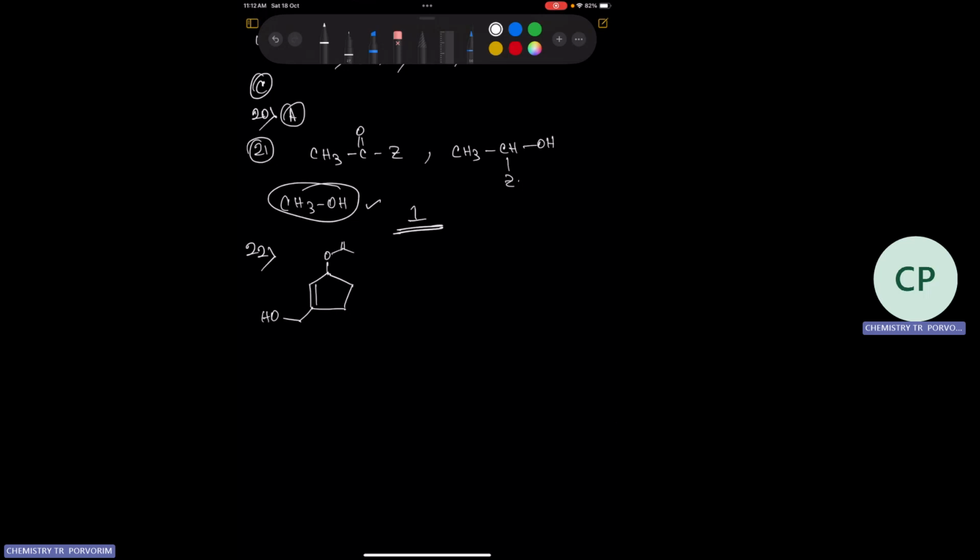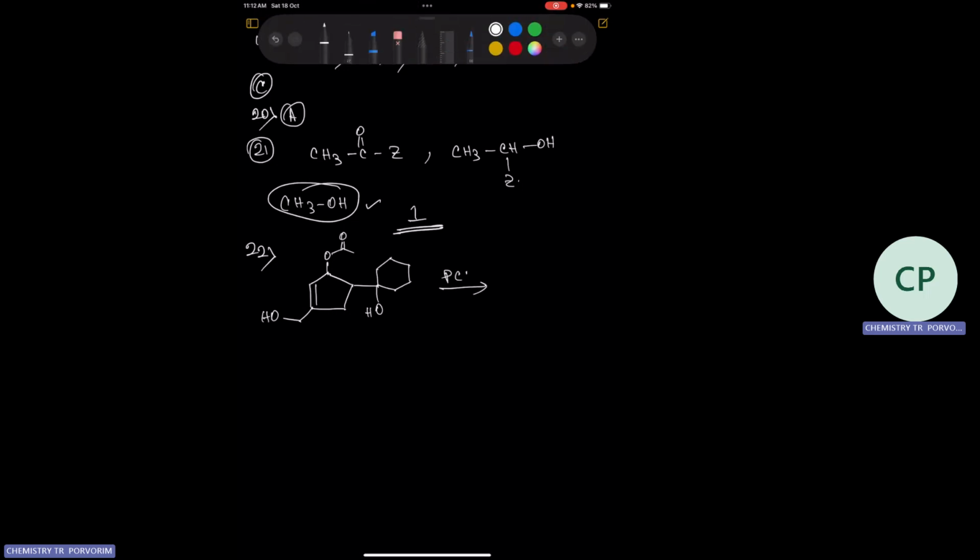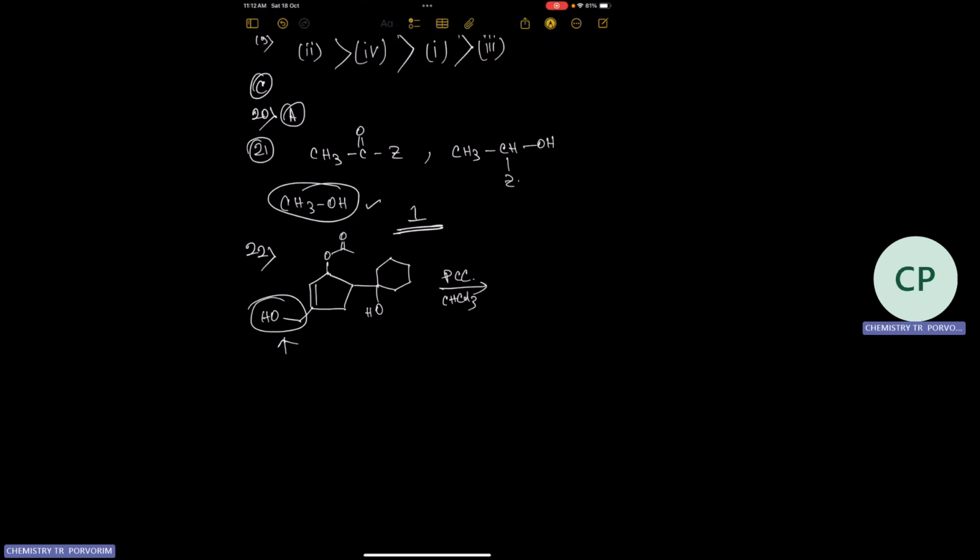O C double O CH3, and there is an OH. If we use PCC and CHCl3, it can oxidize this group only. So only one functional group can be oxidized.